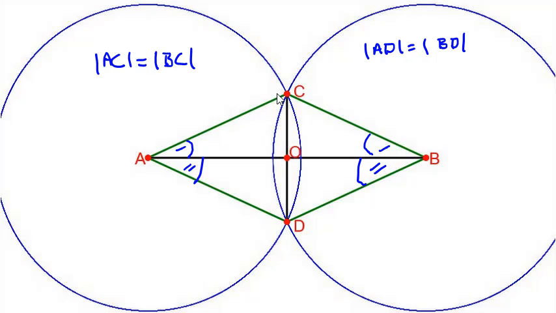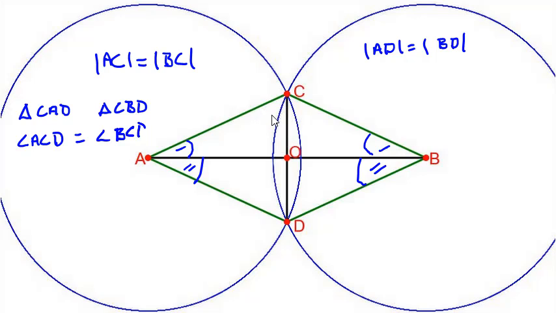Now, if we take the triangle CAD and the triangle CBD, these two triangles are congruent triangles, and they're congruent by side, angle, side. Because these two triangles are congruent, we have that the angle ACO, or ACD, is equal to the angle BCD.